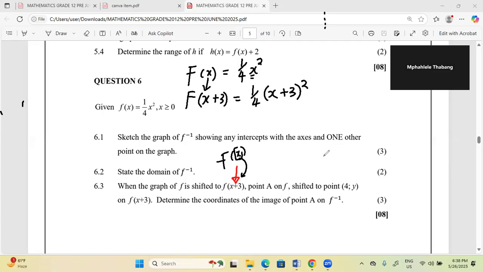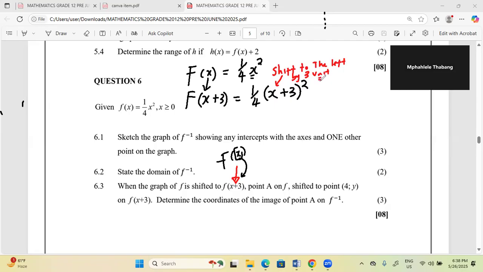So what is happening? What are we doing here? Whenever we add to x, we are actually shifting to the left. This is a shift to the left by 3 units. You need to know this idea of shift.